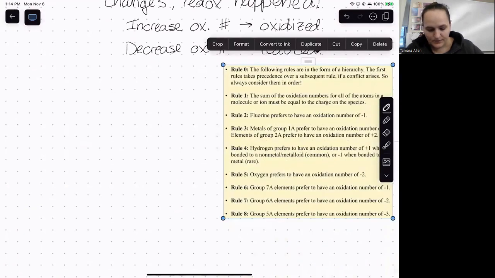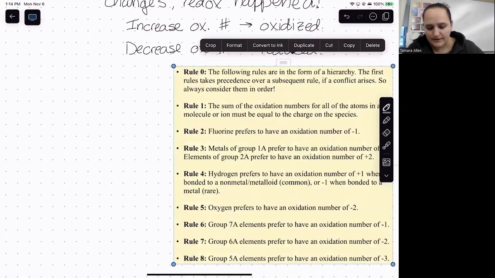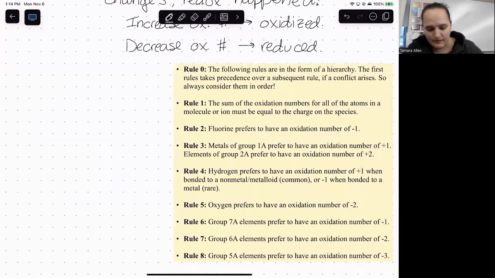So how we assign oxidation numbers is governed by a set of rules that take the form of a hierarchy. So the first thing takes precedence over the second thing, which takes precedence over the third thing, and so forth. Because not only do certain elements have preferences for what oxidation state they prefer to be in when they can, some of them have stronger preferences than others.